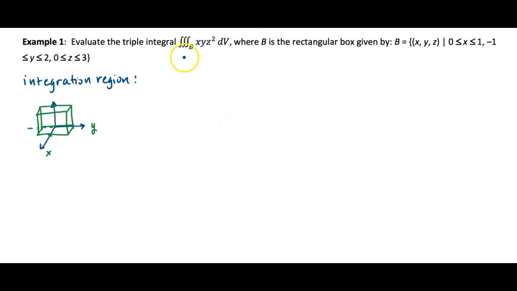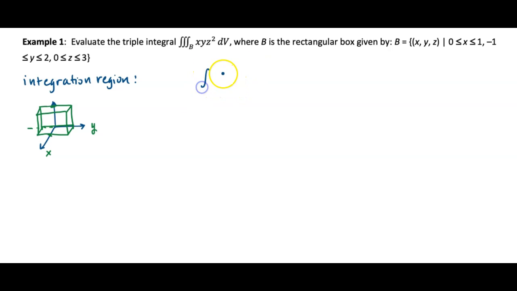No matter how we write this, we've got an x, y, and z inside of this integral as our integrand. When we integrate with respect to x, y and z are treated as constants. When we integrate with respect to y, x and z are treated as constants. With respect to z, x and y are treated as constants.